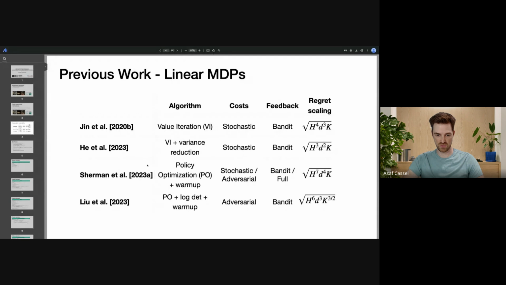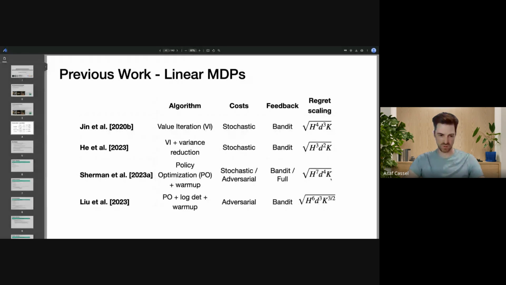But more recently, there were also some works on policy optimization. Sherman et al. suggested a policy optimization algorithm that can work either in the stochastic bandit feedback case or adversarial full feedback case. And they achieve the square root of K dependence, but they get a bit of a degraded dependence with respect to the function approximation dimension d and the decision horizon h.